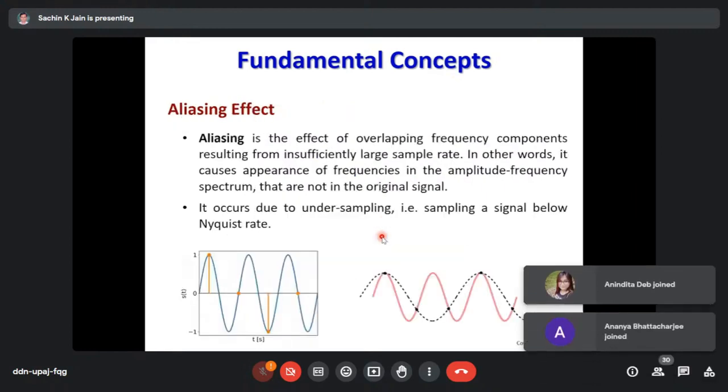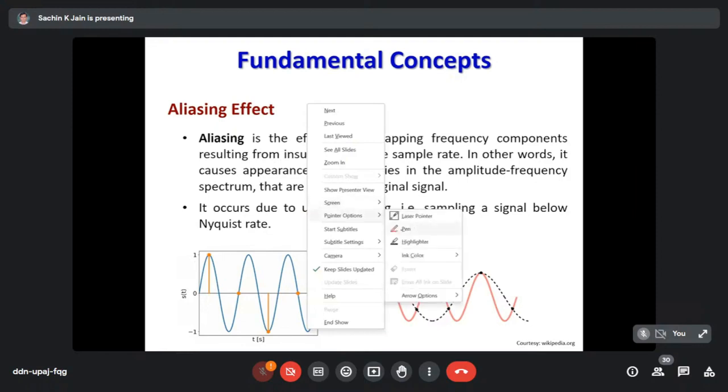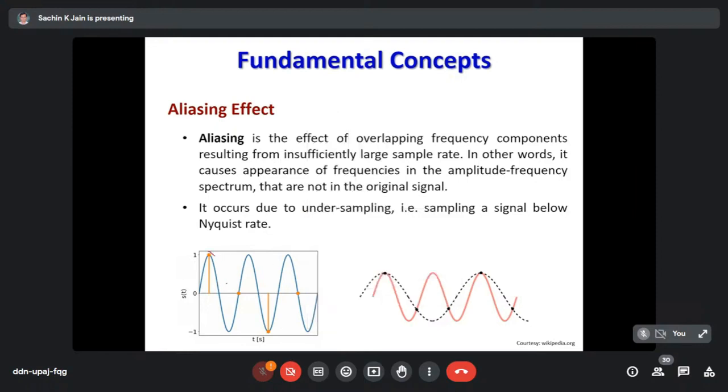As I told you, if your sampling frequency is not as per the requirement of the Nyquist criterion, then an effect known as aliasing happens. For example, if this is my signal and I am sampling it here, then here, then here, then here, the sampled signal will appear something like this.